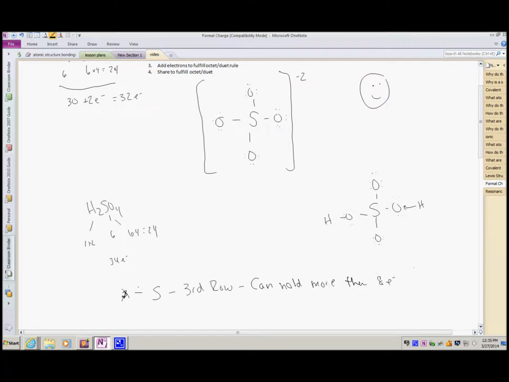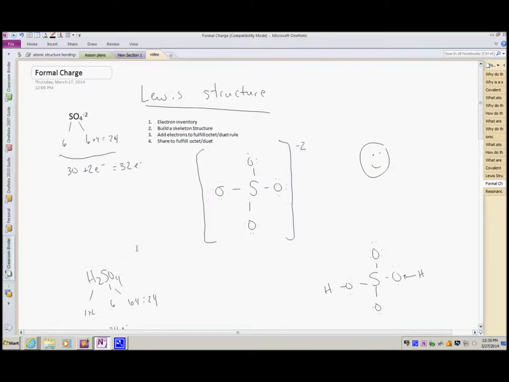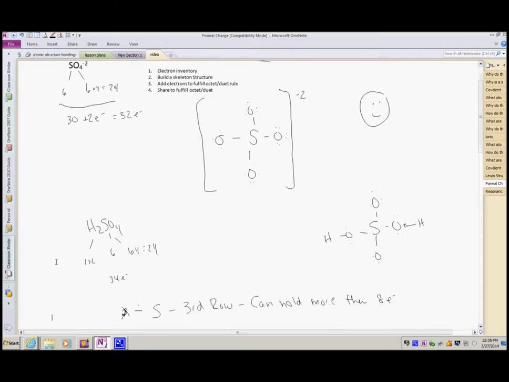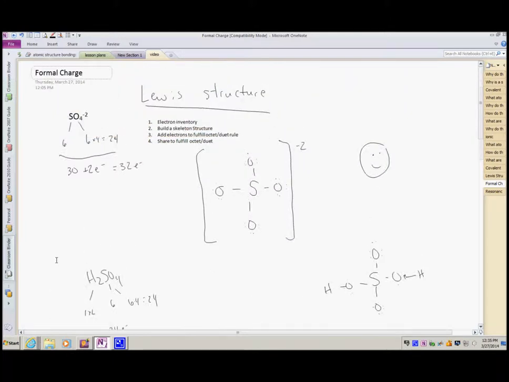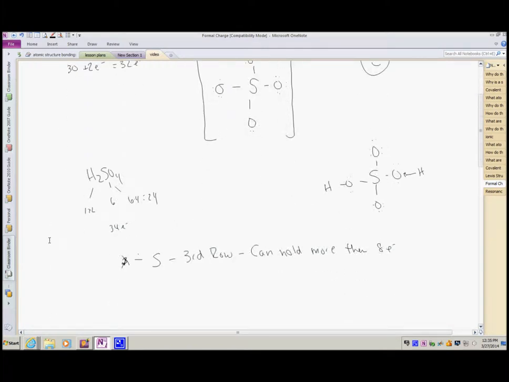If it was in the 2nd row, 8 is the max and it has no more options. Students will very often start experimenting with double bonds and triple bonds within the sulfate, and they will find that they do get different options and they do work. So that is ultimately where we use formal charge to deviate from a simple drawing like this to something that might be a little more realistic.